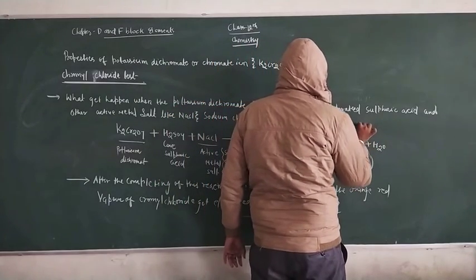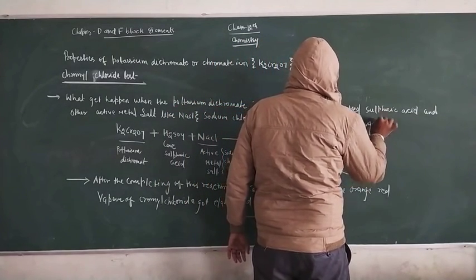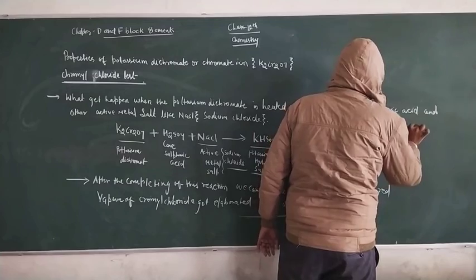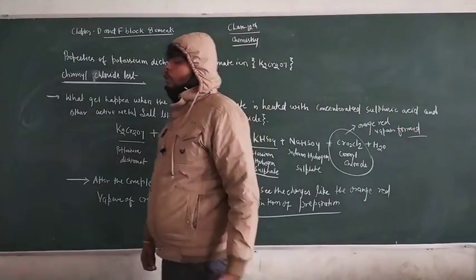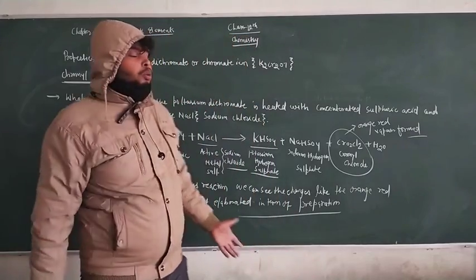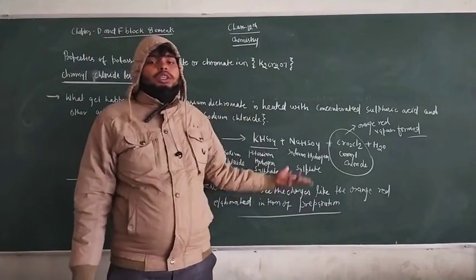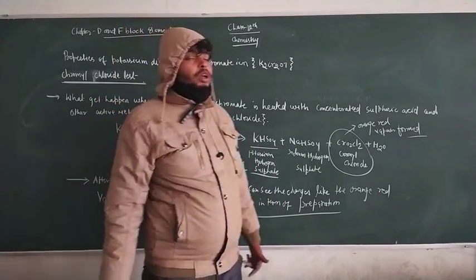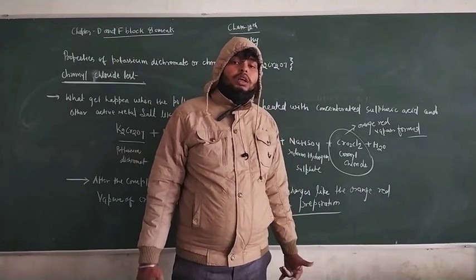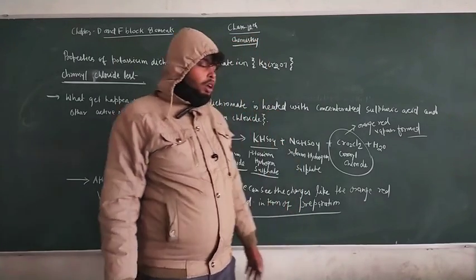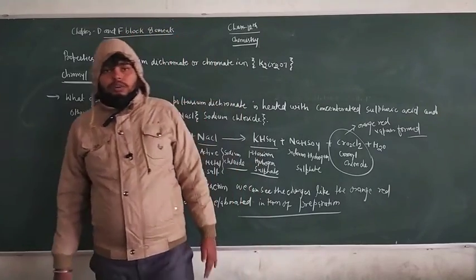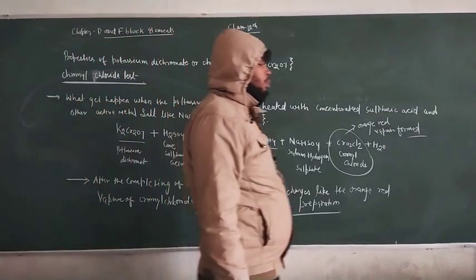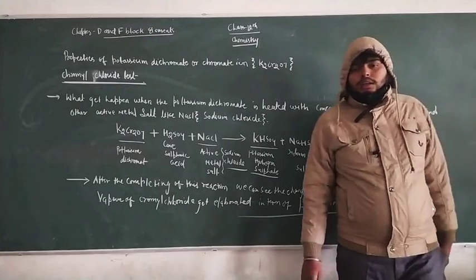You can represent this as orange-red vapor formation. So in the chromyl chloride test of potassium dichromate, this is our reaction and this is our product, and the color change is the formation of red chromyl chloride vapors. So guys, this is our fourth property of potassium dichromate. Now we have to discuss the formation of hydrogen peroxide. Before this, you can take a screenshot of this.